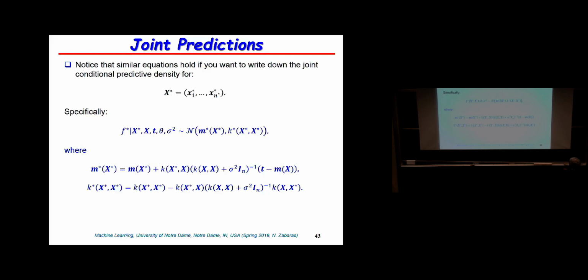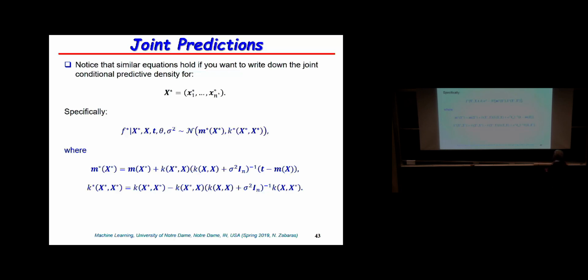It has a mean given by this equation and a covariance given by this equation. For the notation to be clear, k star is evaluated for the inputs x star and x star, while this k here is evaluated for inputs x star and the training inputs x.